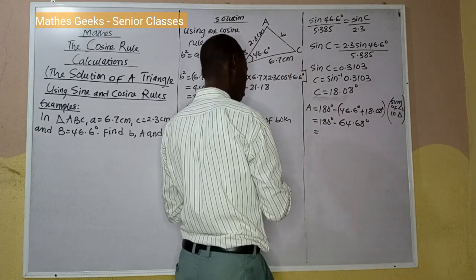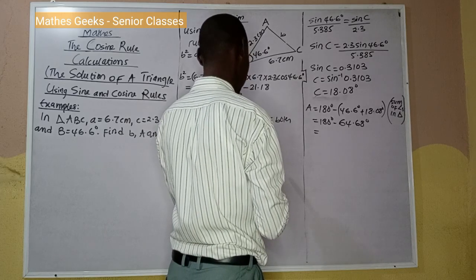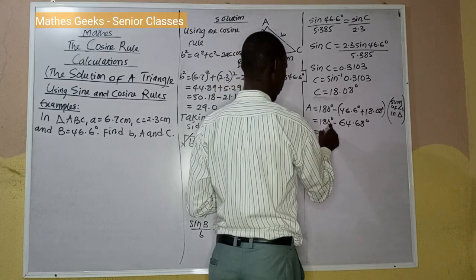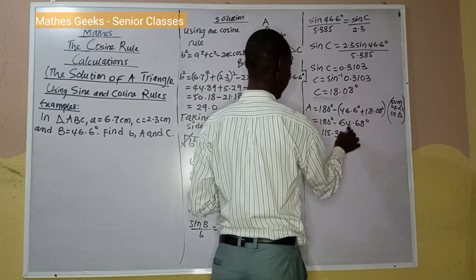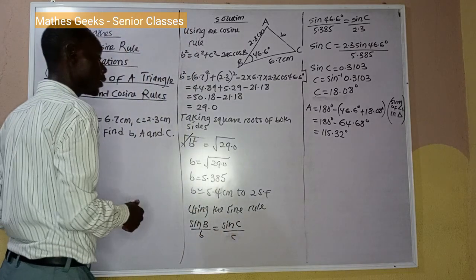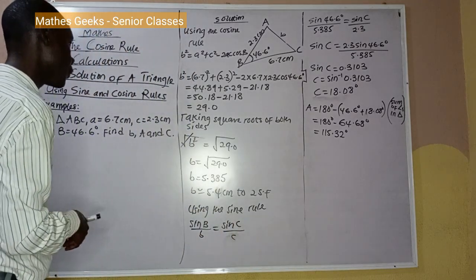That will give us 180 degrees minus 64.68 degrees, 115.32 degrees. That is the final answer, and that is the value for angle A.